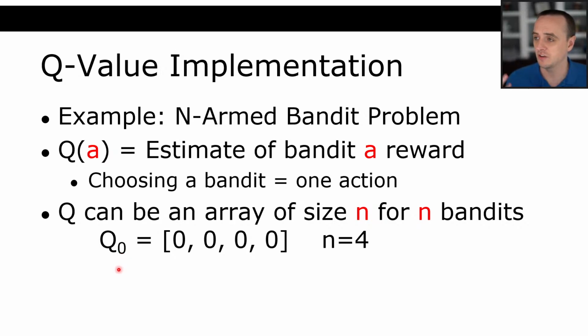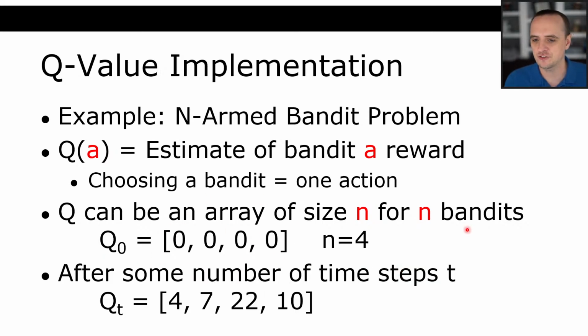Q_0, because it's time step 0 and I haven't done anything yet, I'm going to choose some initial values, so maybe they're all 0. And then after some number of time steps, maybe I have some other estimate of what I've done so far. I've gotten a bunch of numbers, and this is now what I believe the values of those things are.